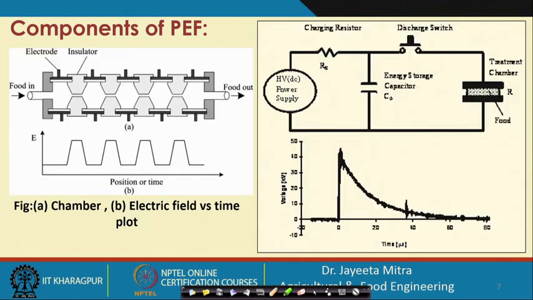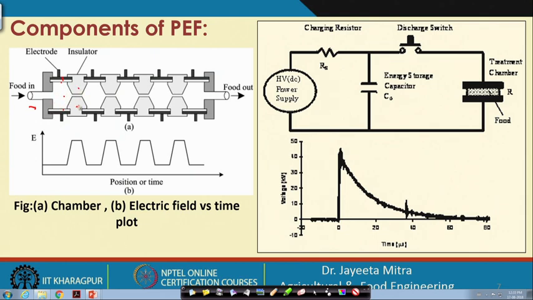So, this is the component of the pulsed electric field system, where food enters from this section, as we can see, and there are electrodes, as we have seen that the chamber houses the electrodes, and the food enters through this, and across this we send the pulse of the high voltage electric field.